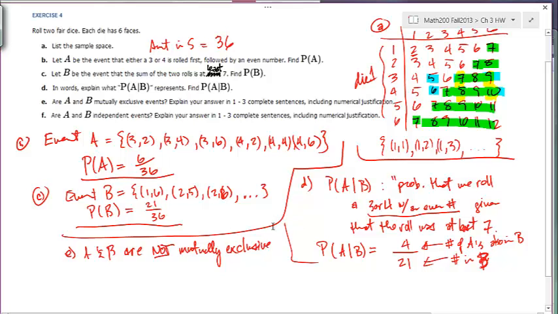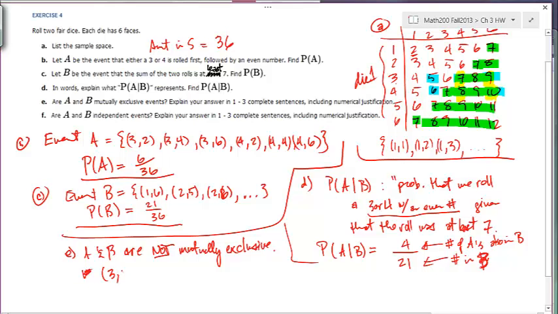And to show information about mutually exclusive, we can say that there is an overlap. You can say event, let's see, this 7 is a 3 and a 4.